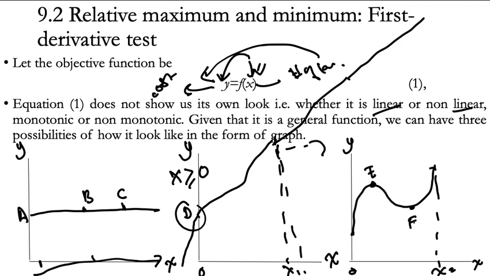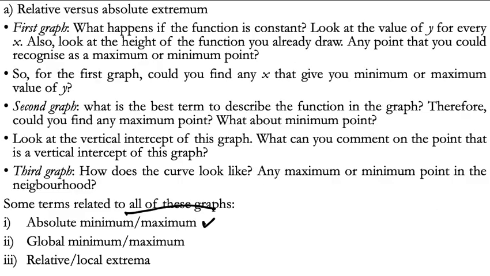But if the domain is not specified and the domain can be any number between minus infinity to infinity, then you may find that, let's say, one point is the maximum. Because you have considered all the arguments or the choice variable within the domain of all choice variables, that point can be a global extrema, global minimum or maximum, also known as absolute minimum or maximum.